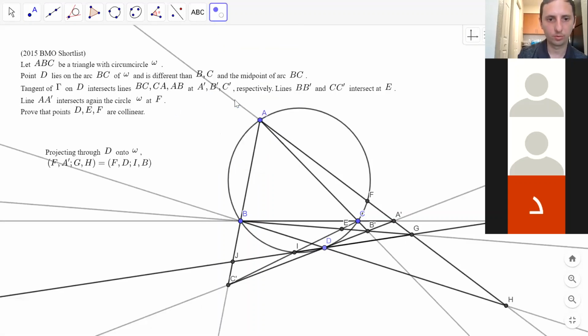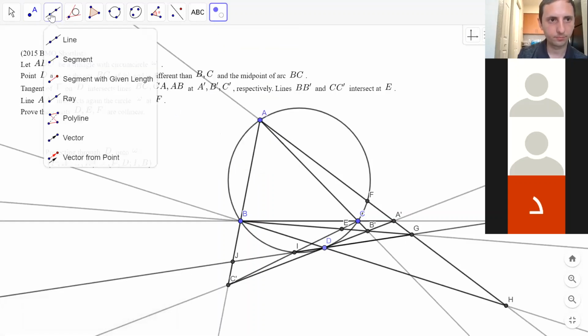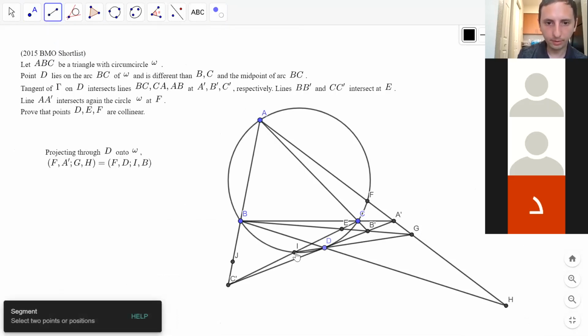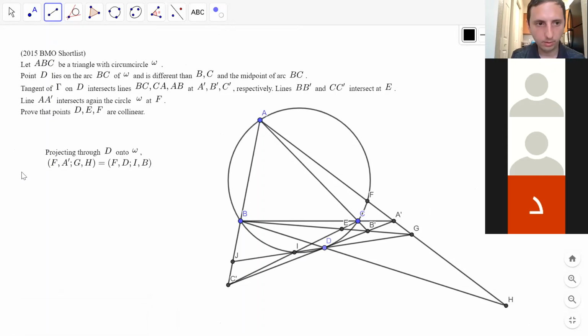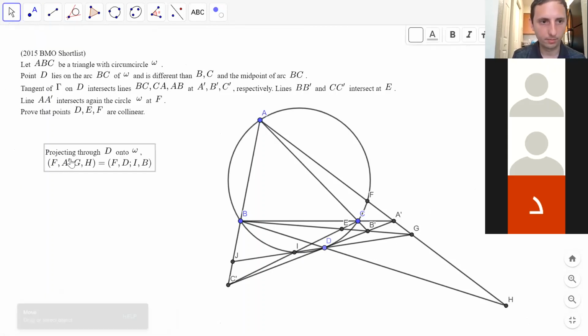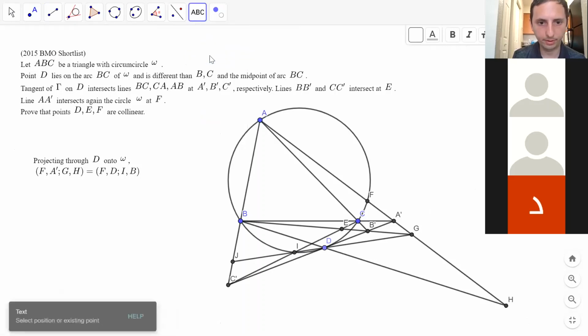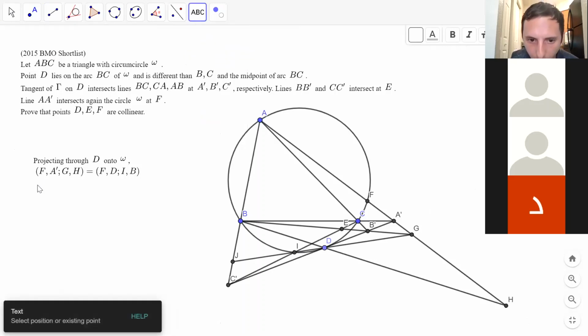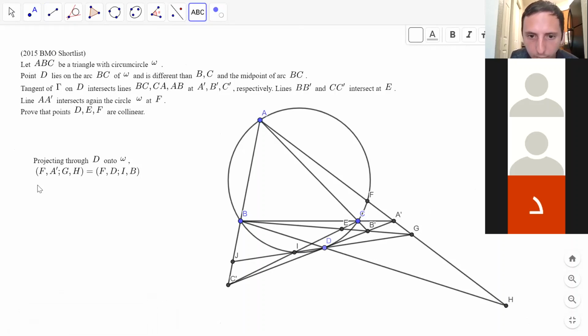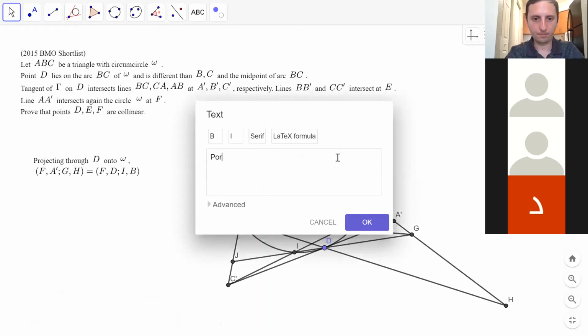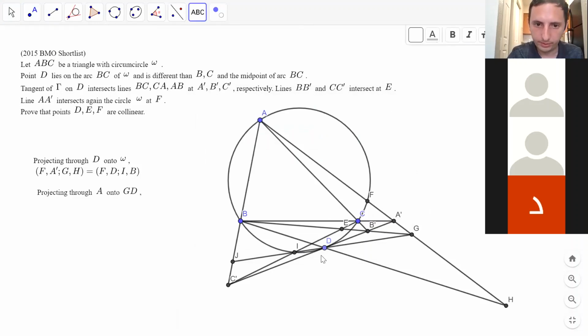Okay. So but I think I still need to prove one more thing. So yeah, first let me write this out, then I'll see what I need to prove. So projecting through A onto GD, then we have FDIB is GDIJ.